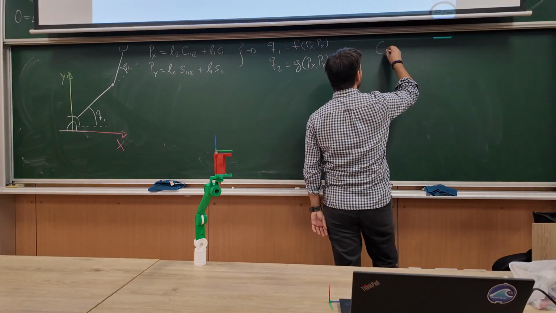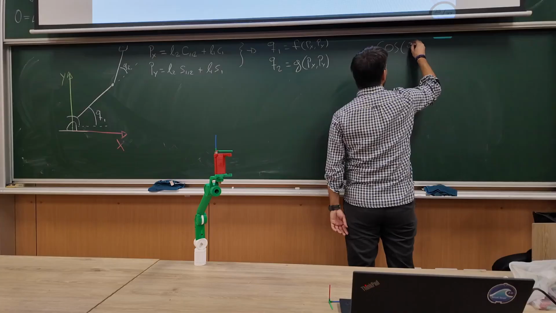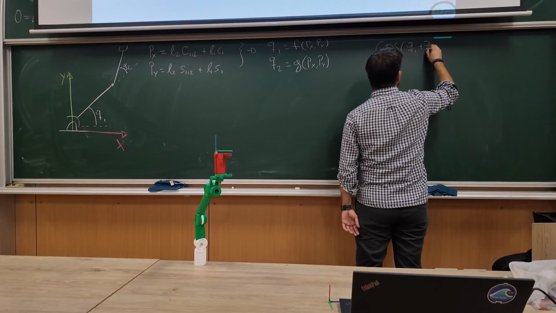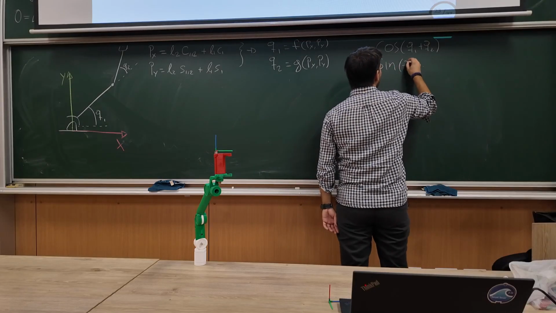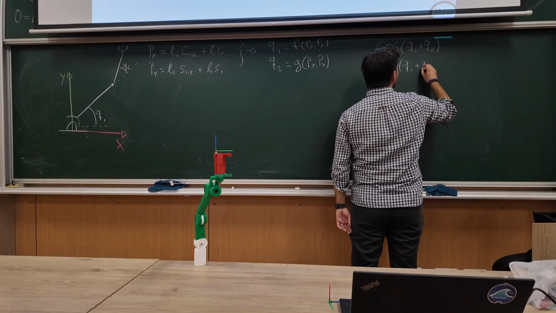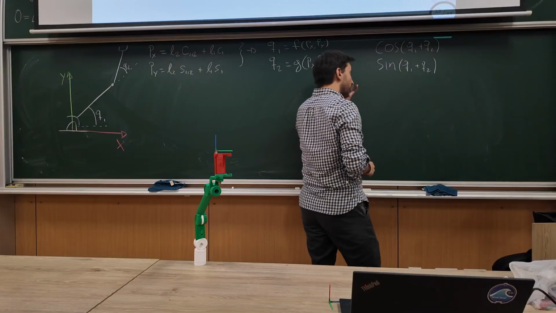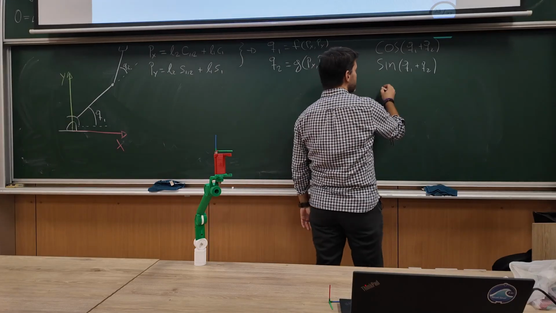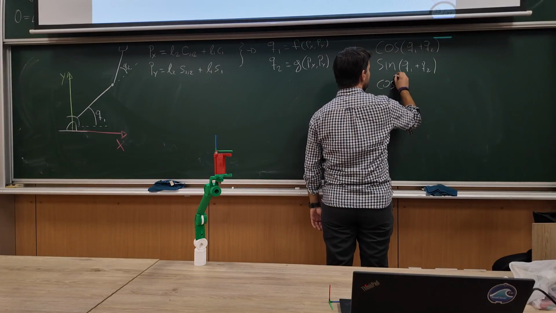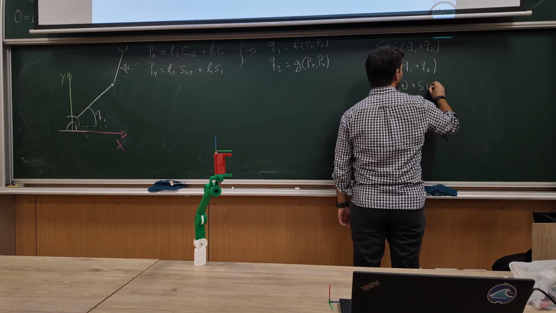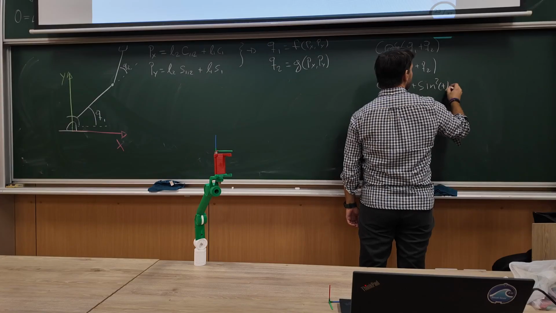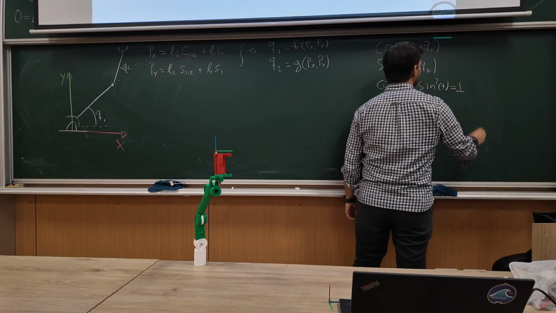Basically the formulas that we're going to need: cosine of q1 plus q2, sine of q1 plus q2. This is also pretty useful: cosine squared plus sine squared of anything is what? 1.